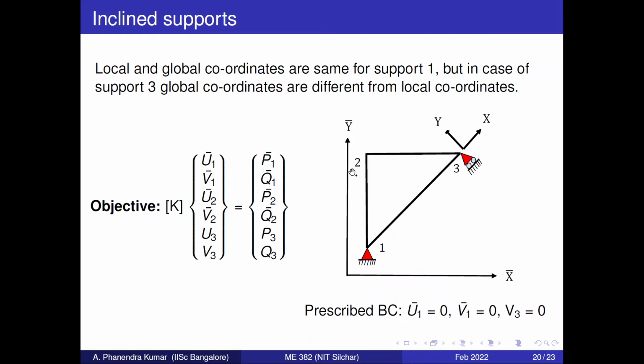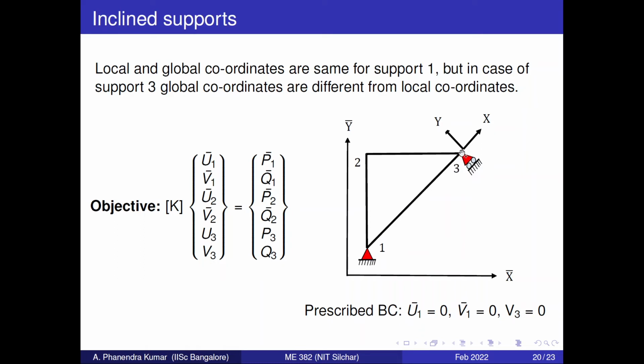This is the global coordinate system for node 3, but the local coordinate system is this x, y. So our objective is to find this k, and we need it in the local coordinate systems. Here the local and global are the same, so u bar, v bar, u2, v2.